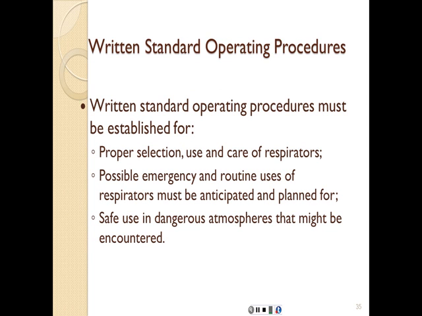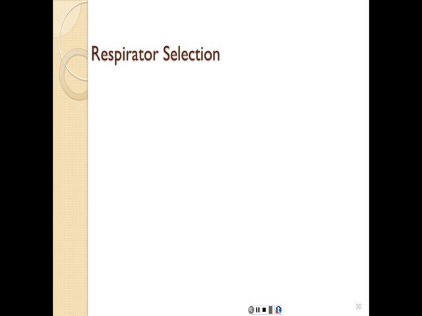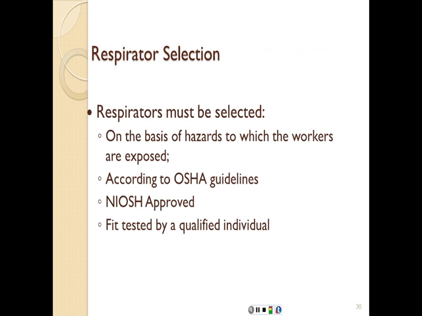So again, in case you are dealing with a toxic atmosphere or an atmosphere that's going to have fumes or gases and so on, then you're going to need respiratory protection. Respirators must be selected on the basis of the hazard to which the workers are exposed and according to OSHA guidelines, and they have to be NIOSH approved, which is the National Institute for Occupational Safety and Health, and they have to be fit tested by a qualified individual.